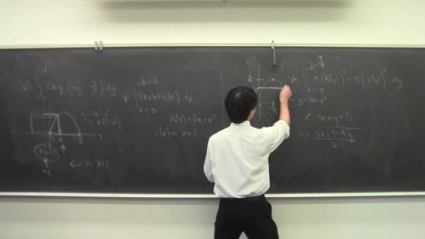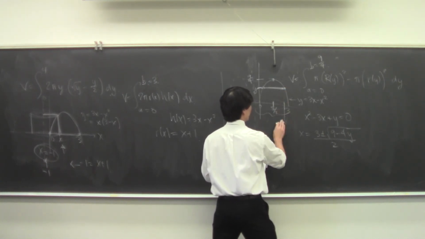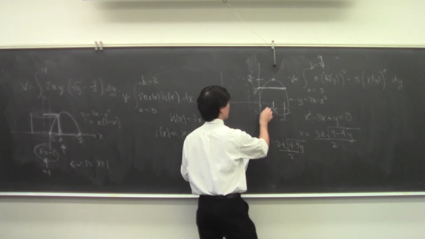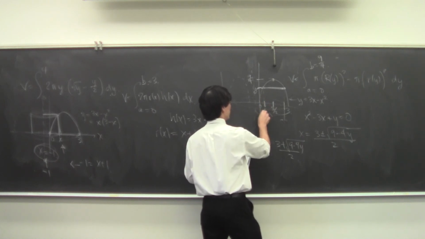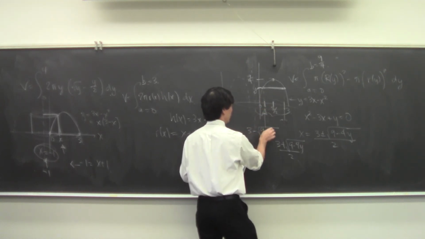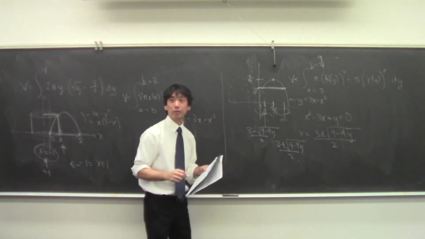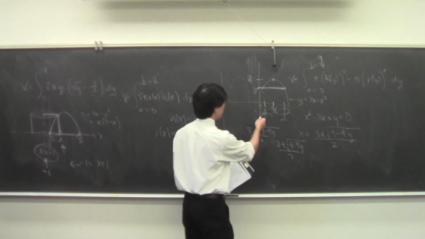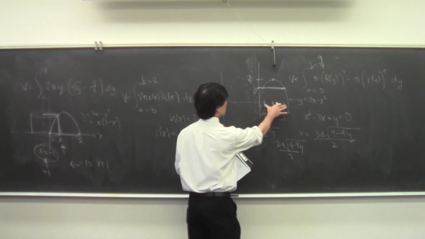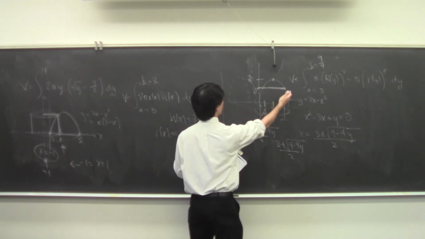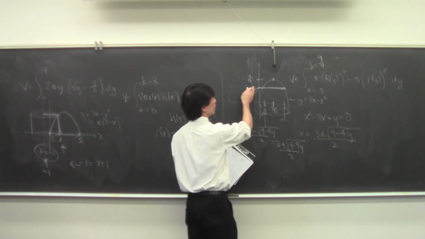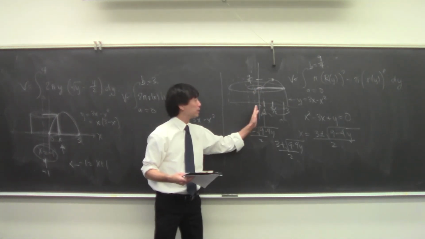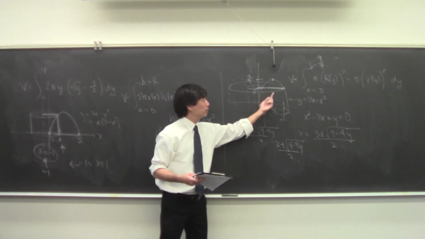So you would get the guy on the right would be 3 plus that thing over 2, and the guy on the left would be 3 minus that thing over 2. And then the big radius would be the x value plus 1, because you're rotating around the line x equals -1 again.